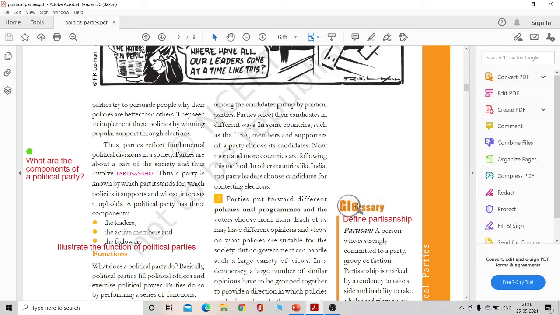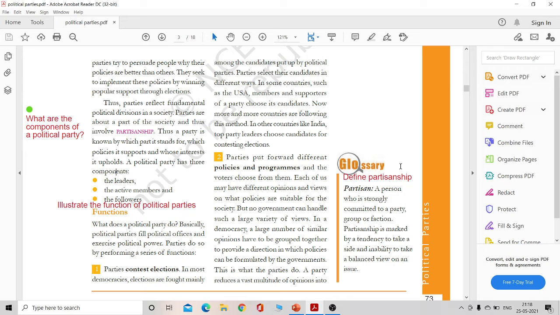Coming to another 1 marker question, define partisanship. Basically, it is marked by the tendency to take a side. With political parties, especially when you support a political party, you inadvertently support the ideology that the political party holds, and that becomes a group or a faction, and you cannot look at other political parties in the same line.